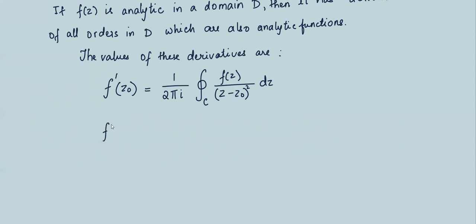So similarly, f double dash is 1 by 2 pi I integral over a closed contour C f of z by z minus z naught the whole cube.